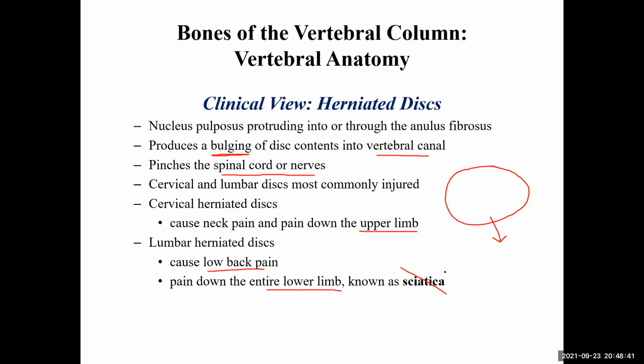You can only call something sciatica if the sciatic nerve is affected. Just because you have pain because you're pinching a nerve in your low back and it goes down into your leg, down to your knee, that's not sciatica. It has to be the entire lower limb.